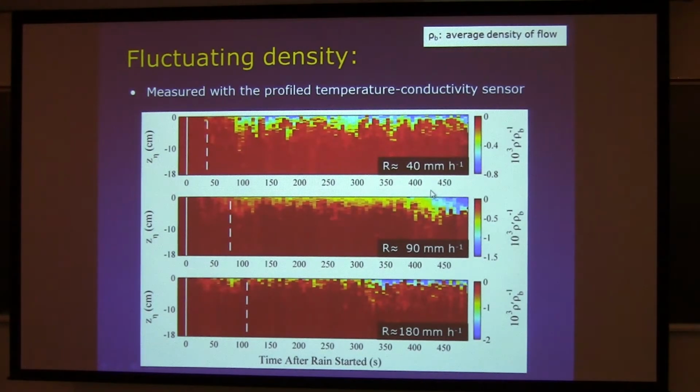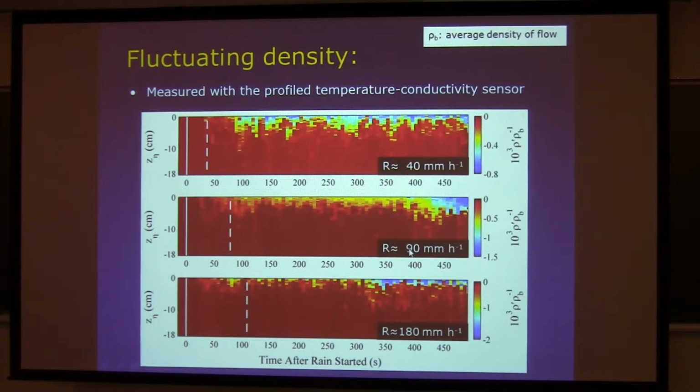So for these experiments, we had rain rates of 40, 90, and 180 millimeters per hour. And here density has been normalized by the bulk density. What we find is that for a rain rate of 40 millimeters per hour, a freshwater lens of about 5 centimeters deep develops over time, and it seems to remain relatively stable, although it does increase in freshness towards the end.